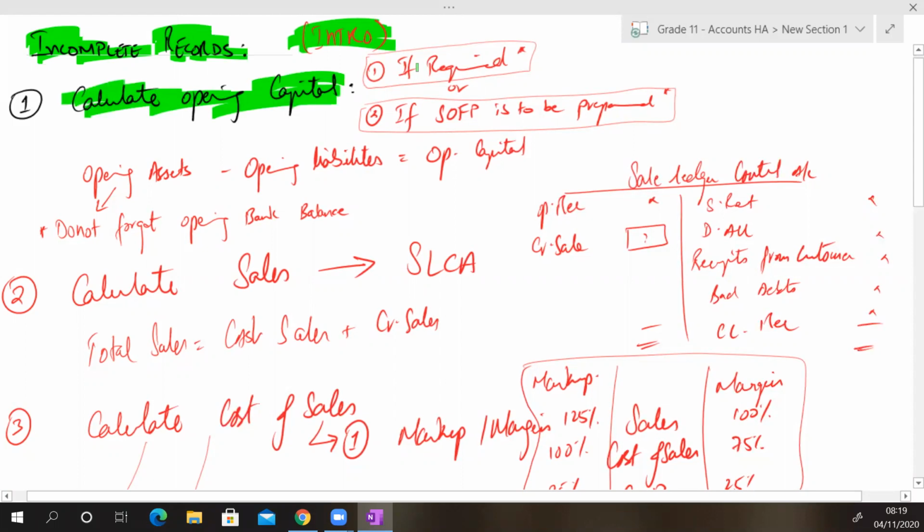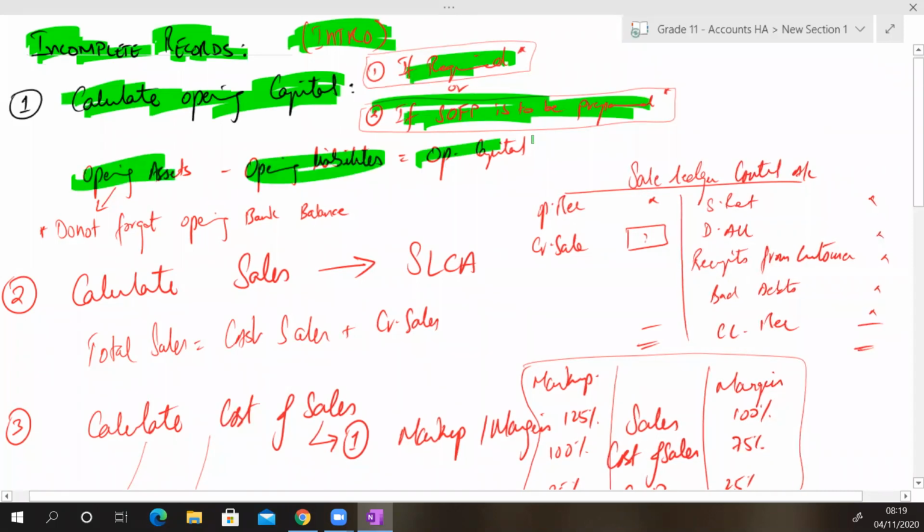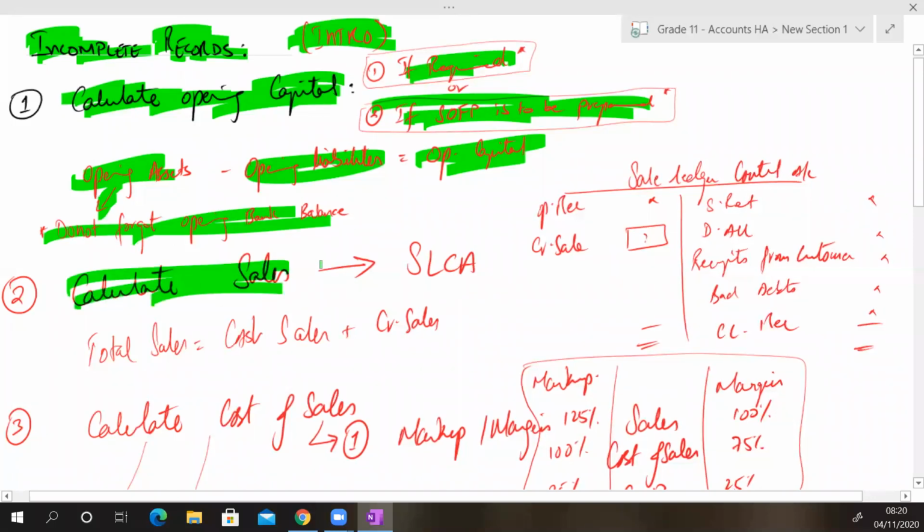But why would you do that? If it is required or if you have to prepare a statement of financial position, where opening assets minus opening liabilities will give you the opening capital balance. While looking at opening assets, do not forget the opening bank balance. After this, you have to calculate sales by using the sales ledger control account.